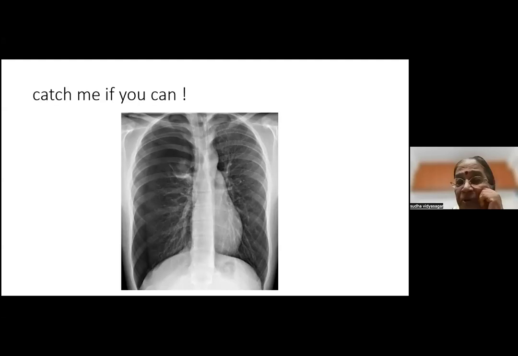COPD? Don't call it COPD, call it emphysema. It can be chronic bronchitis also. So there is an emphysema, and you can see the diaphragm contour is lost, it's a flattened diaphragm. And you can see so many rib spaces widened, even on the normal side. I'm not showing the pneumo side.